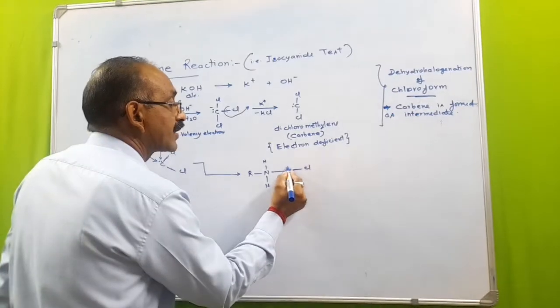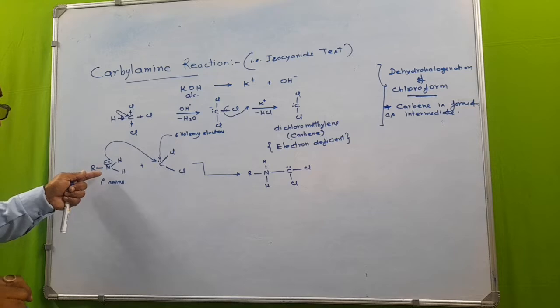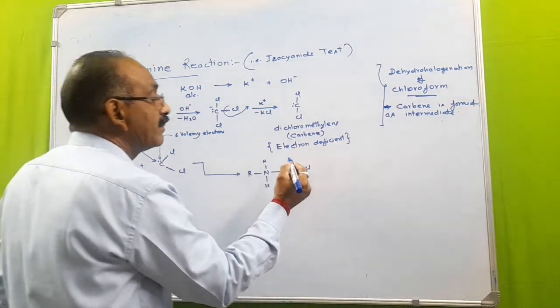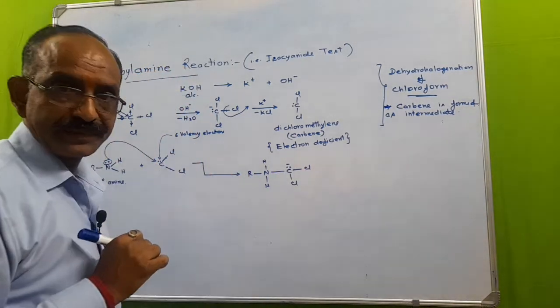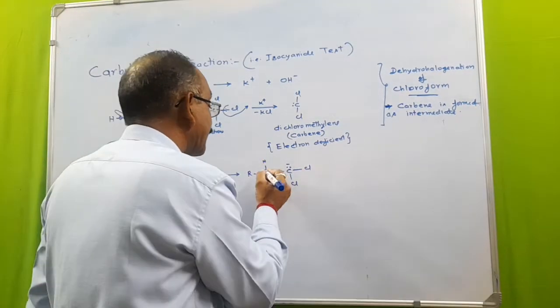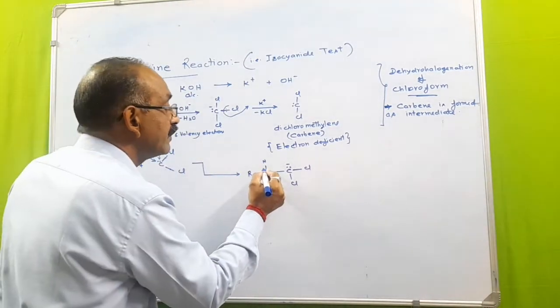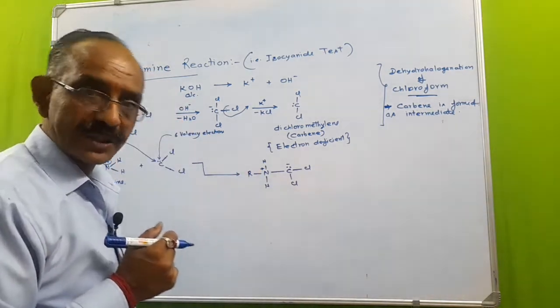See, 1 pair of electrons was already present over the carbon, and this nitrogen also has donated an electron pair to the carbon. So carbon will become electron rich and will acquire a negative charge. And as the nitrogen has donated its electron pair, it will become electron deficient and will get a positive charge.